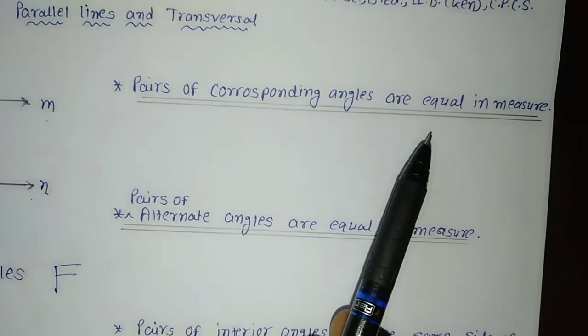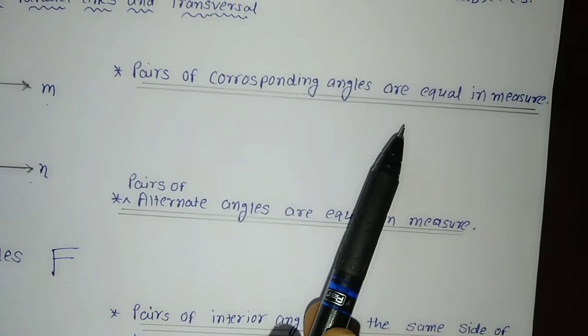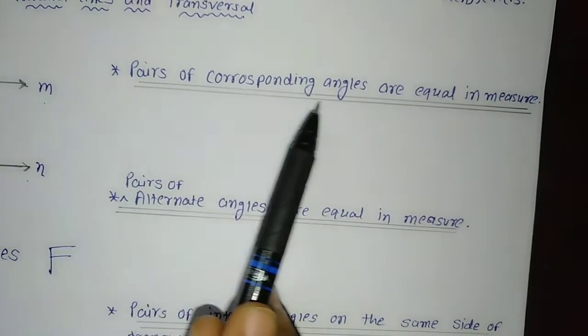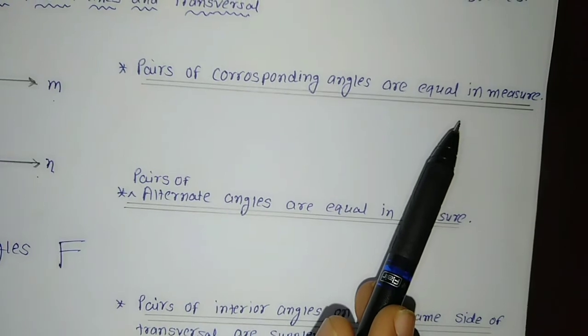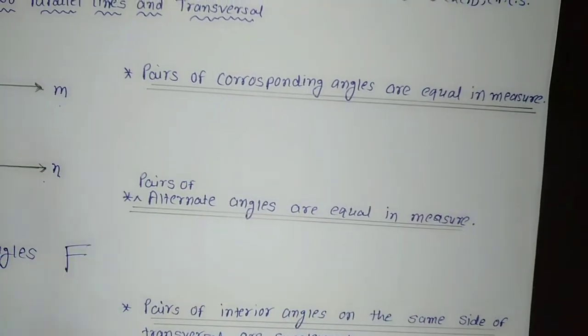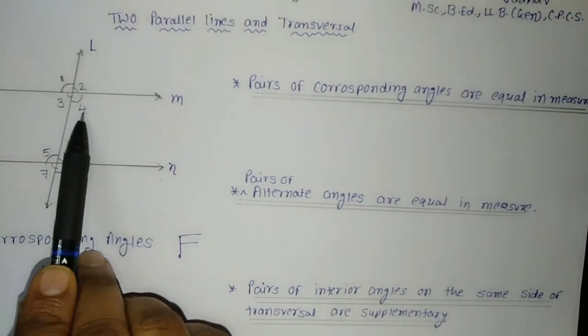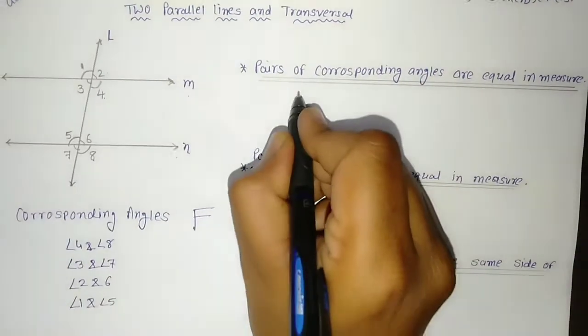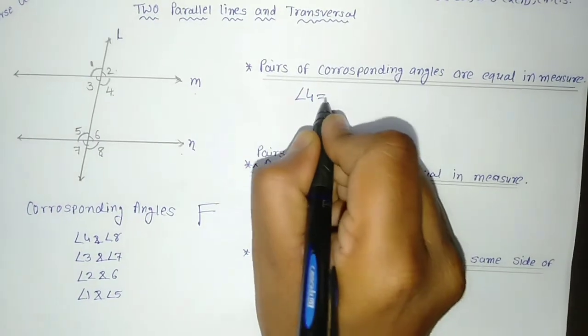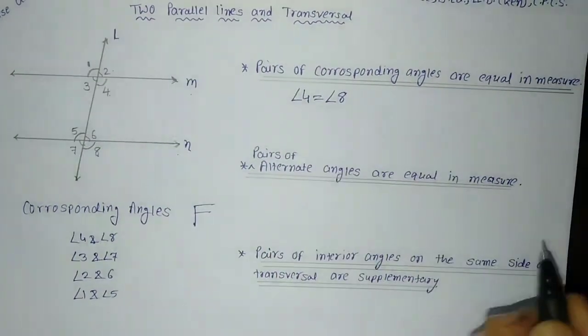But here we have taken two parallel lines and a transversal, so pairs of corresponding angles are equal in measure. The angles 4 and 8, I will write it here: angle 4 is equal to angle 8.